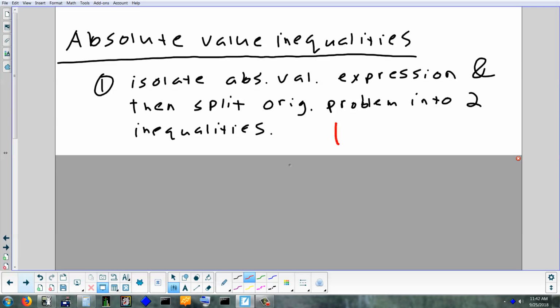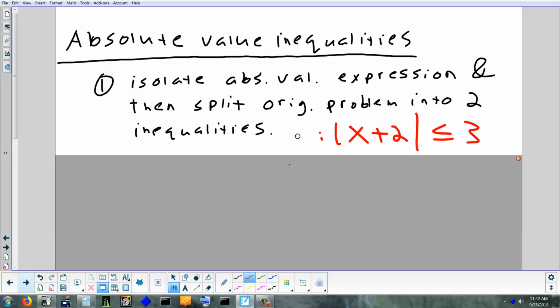So what does that mean? You've got something like this. That's an example where the absolute value is by itself. Here's an example where it's not. Now you've got a -6 on the outside. So you could have something like that. You would have to do a +6 to each side.